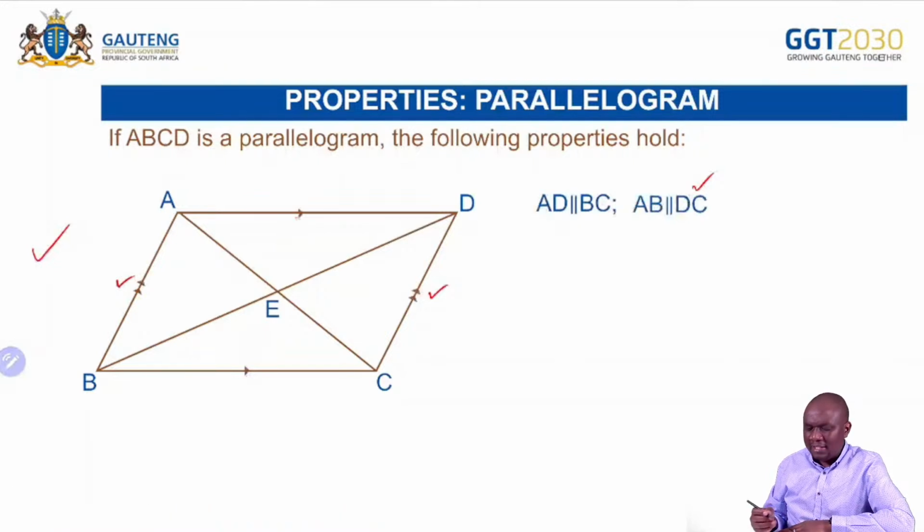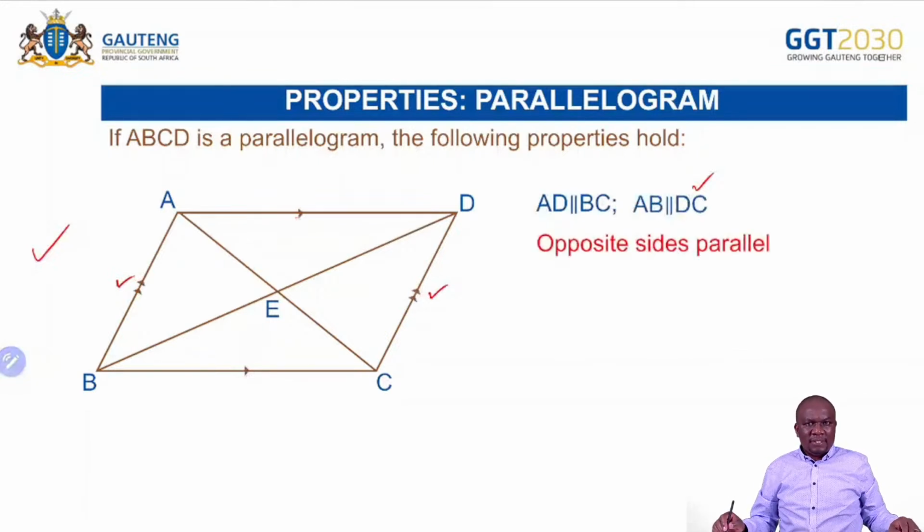So we can say that for a parallelogram, the opposite sides are parallel. Please write that. For a parallelogram, the opposite sides are parallel, like AD is parallel to BC and AB is parallel to DC. Right, that's the first property for a parallelogram.